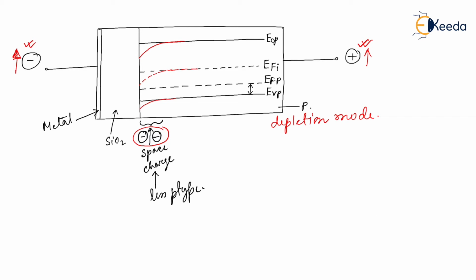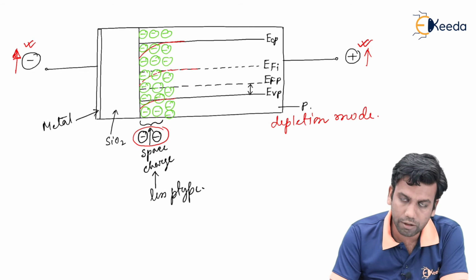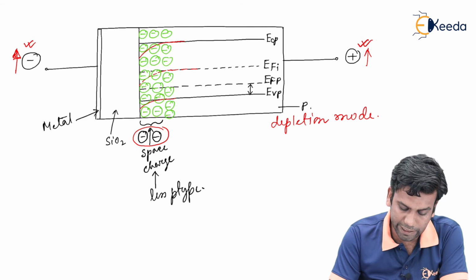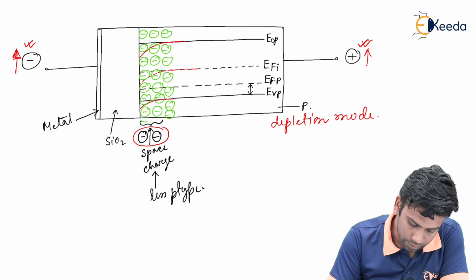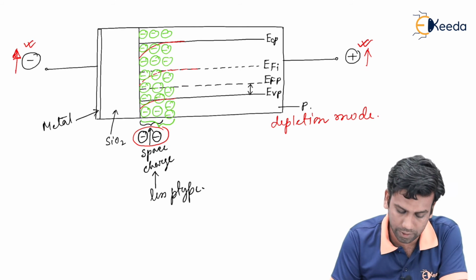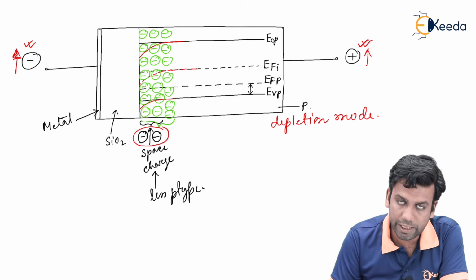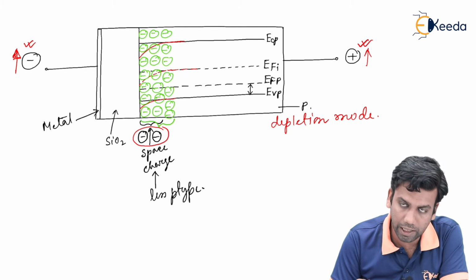That means now the negative charge region, that is the interface region, will be wider, and also the concentration of the negative charges will be increased. That means the interface region will now have more space charge region. That means there will be more depleted acceptor ions in the interface region.